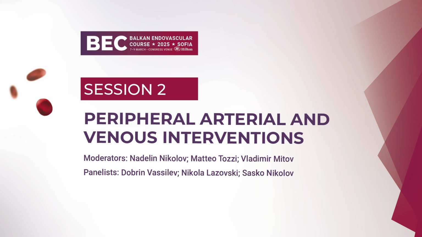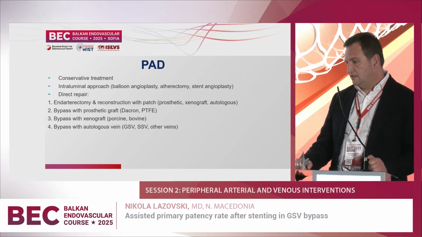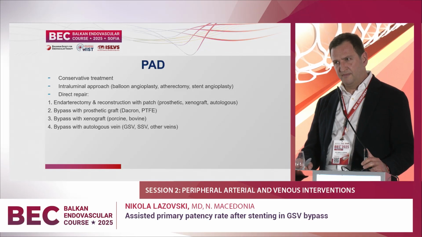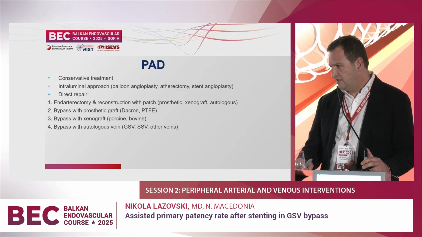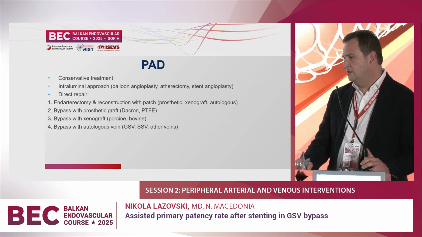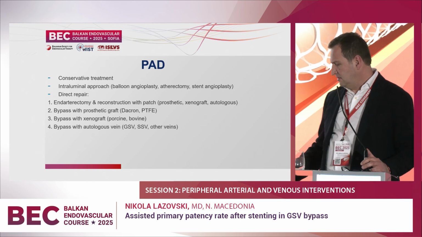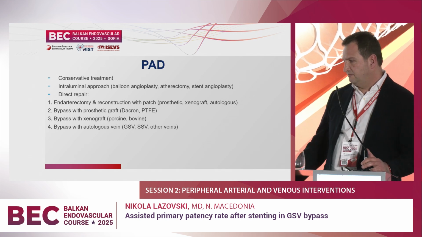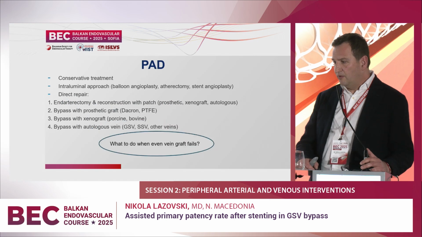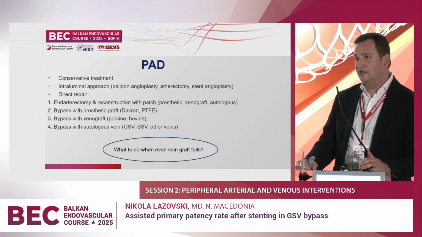According to the huge studies, BASIL 1 and 2 and BEST-CLI, we know that when endovascular treatment fails, we go to the great saphenous vein bypass if there is a good great saphenous vein. But what to do when even a vein graft fails?